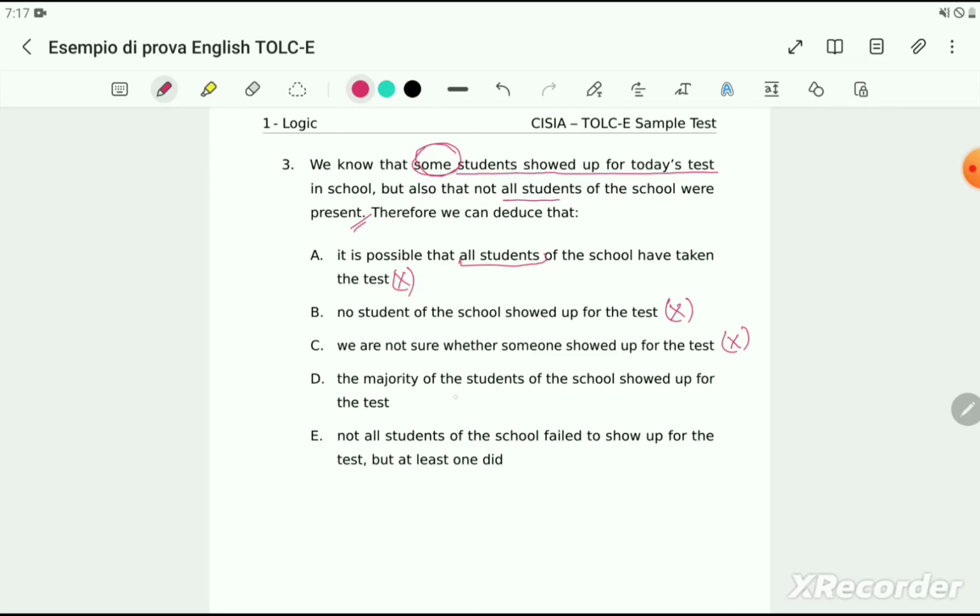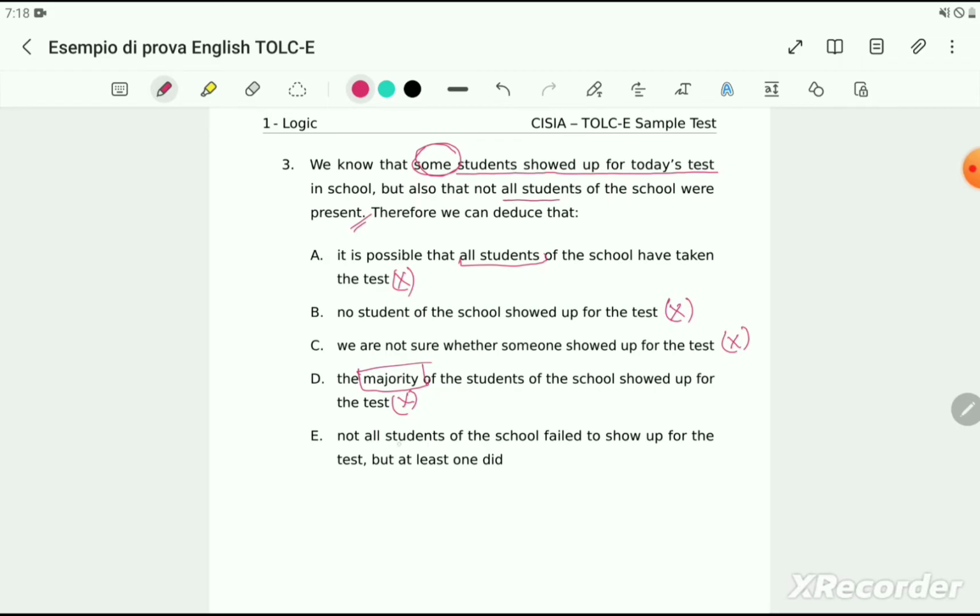The majority of the students of the school showed up for the test. We cannot say that majority, because some students doesn't represent majority, doesn't represent minority. In a sense it could be less or more, but we cannot 100% surely say that the majority of students joined.